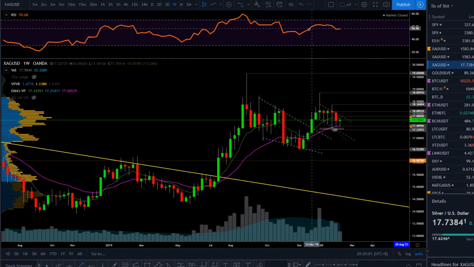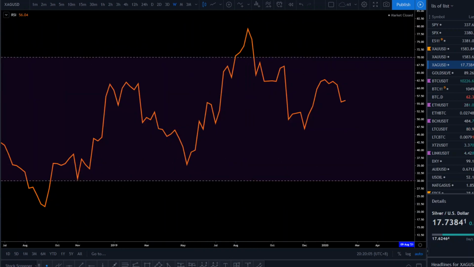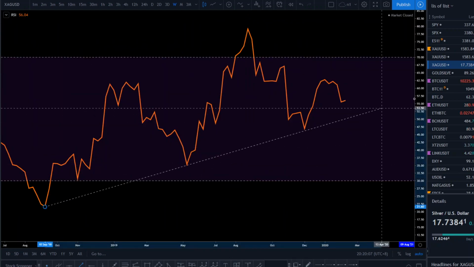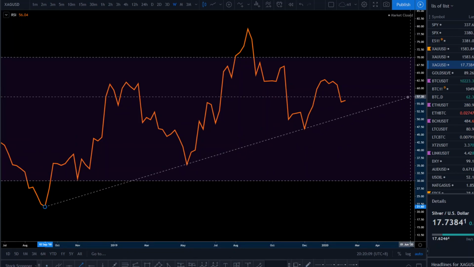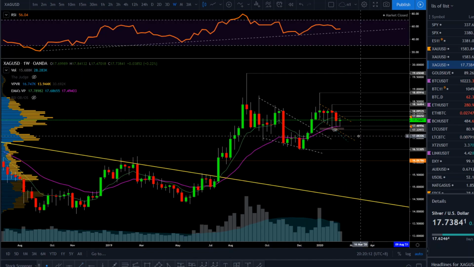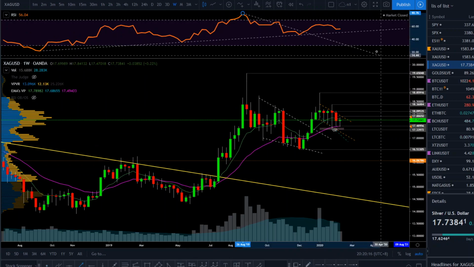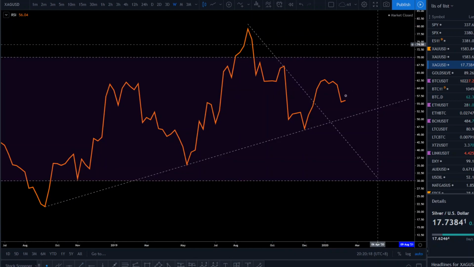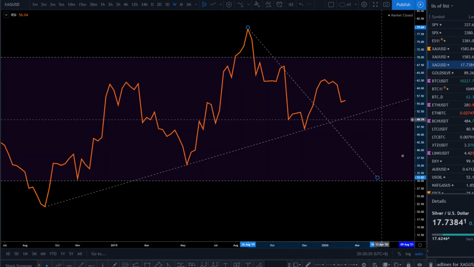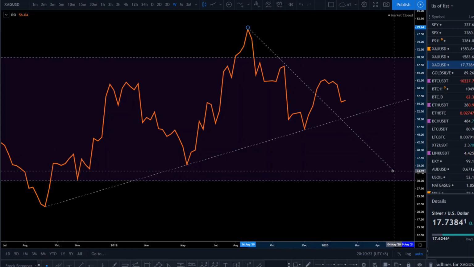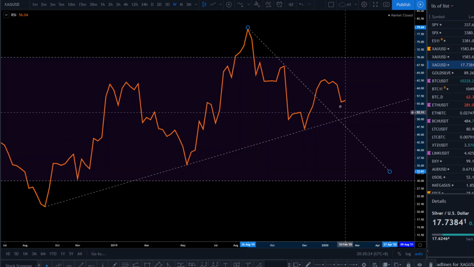And at the same time, what can we draw here on the RSI? RSI looking interesting here, maybe. You can see there's a support here on the weekly, and that's actually very interesting, because maybe if it came down here and bounced, that would have been perfect.